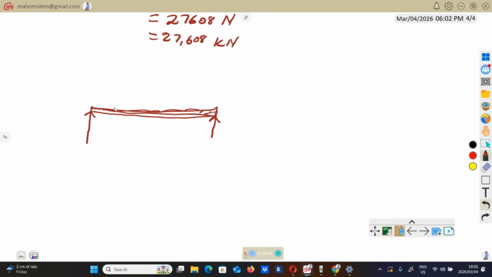You will have that load, which we don't know, placed at 1 meter from one support. Total length is 4. So if total length is 4, this one is 1, this one will be 3 meters. So now we have to calculate the bending moment for this.